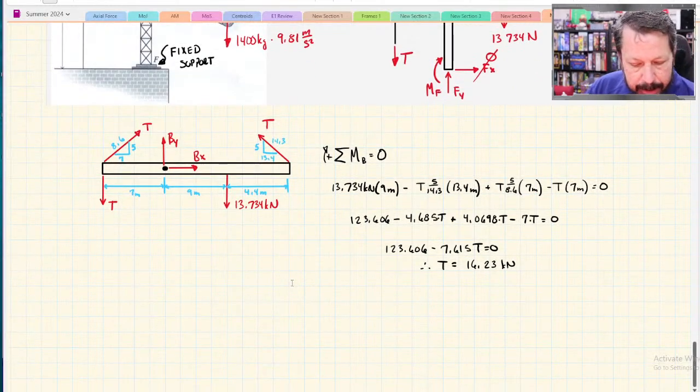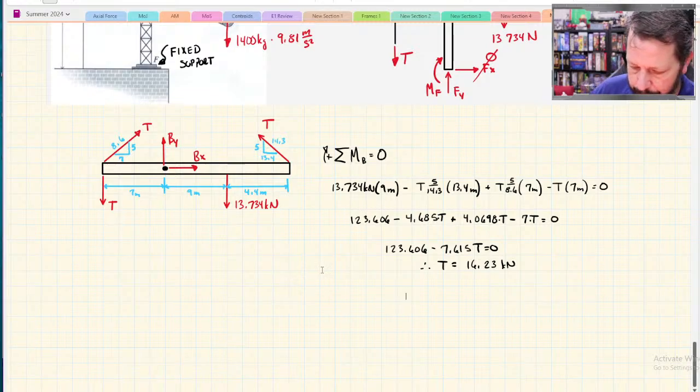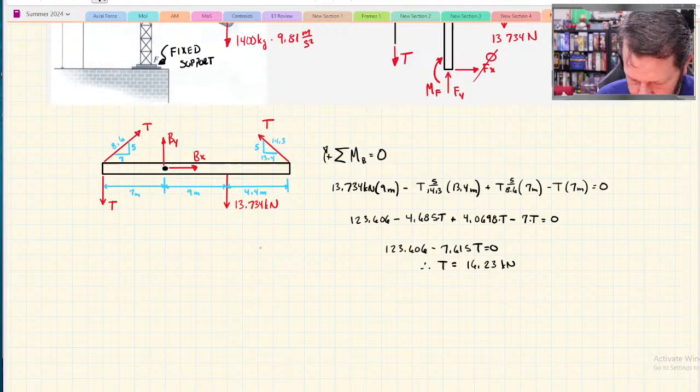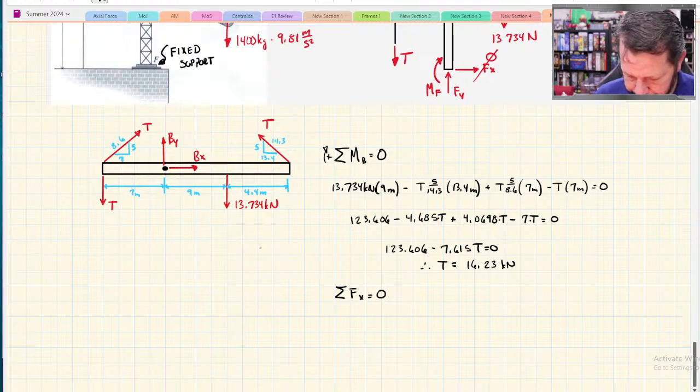All right, so let's find bx and by because those we can check in our web work. So for those, I would just pick either x equation or the y equation. So for x, I have bx minus the x component of t.